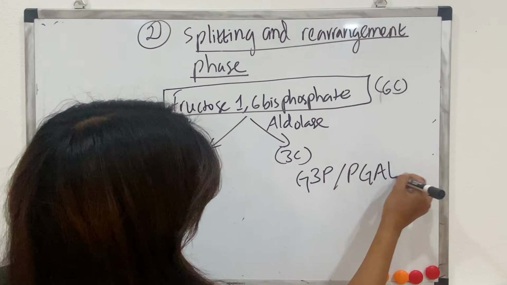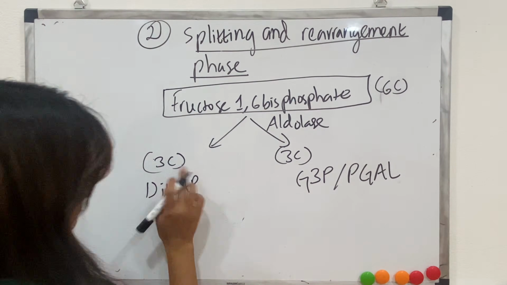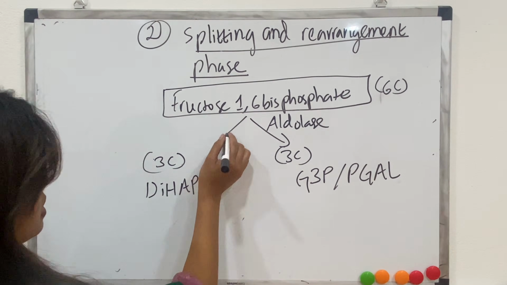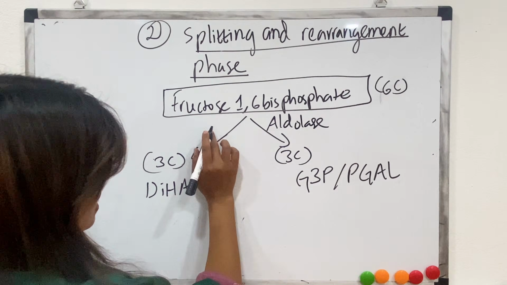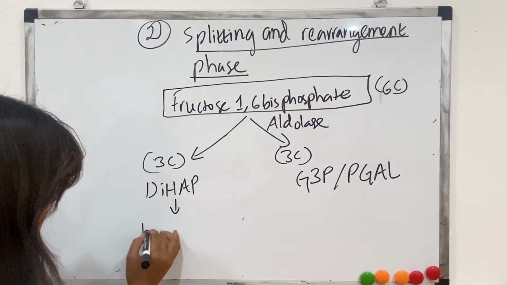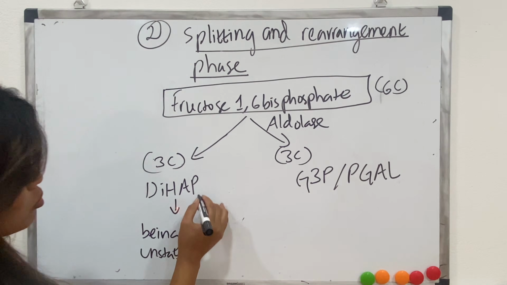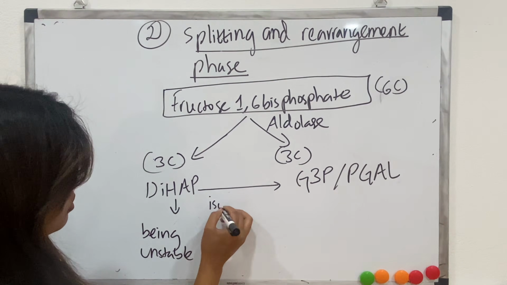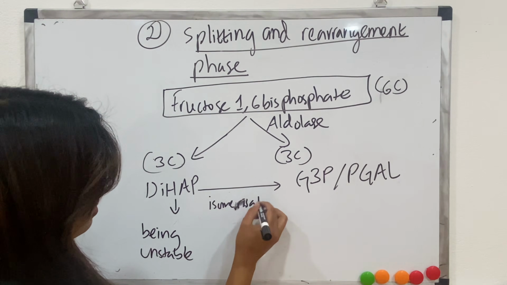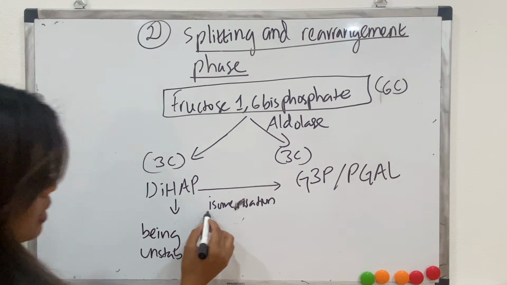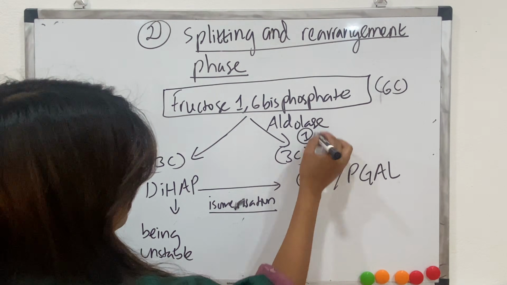G3P can also be written as PGAL. G3P stands for glyceraldehyde 3-phosphate and DHAP stands for dihydroxyacetone phosphate. Remember, they are isomers. So now there is a formation of 1 G3P from the splitting of fructose 1,6-bisphosphate, and DHAP being unstable will undergo isomerization, which means DHAP will rearrange itself and get converted to another molecule of G3P.